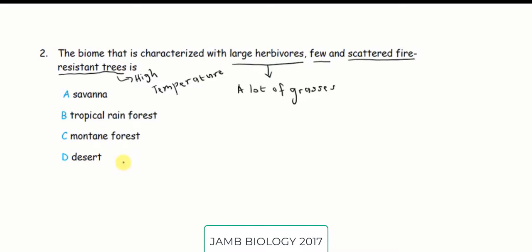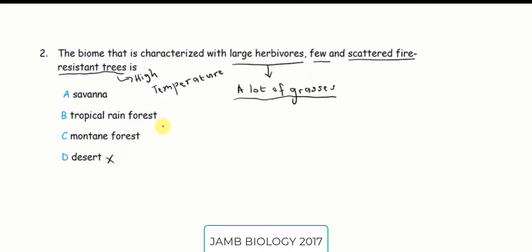Desert may look like a very good answer, but in the desert, you don't have a lot of grasses. Neither do you even have a sizable number of trees. Even though the question is saying few and scattered fire-resistant trees, you can walk for long stretches of land in the desert and you will not come across any tree. So, desert does not satisfy the requirements of the question.